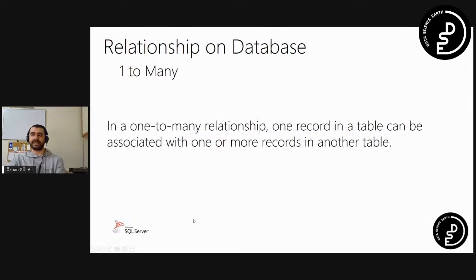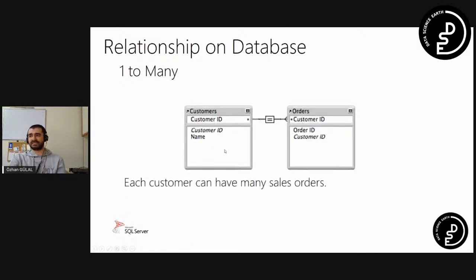What about one-to-many? In a one-to-many relationship, one record in a table can be associated with one or more records in another table. For example, especially during the pandemic days, the e-commerce shopping rate seriously rose. Let's see.